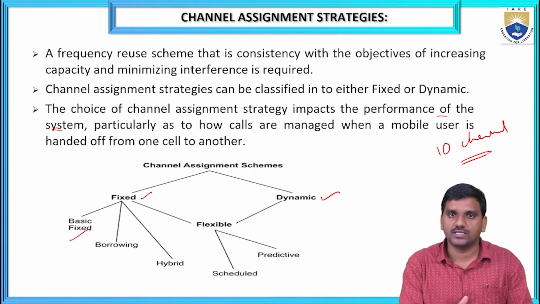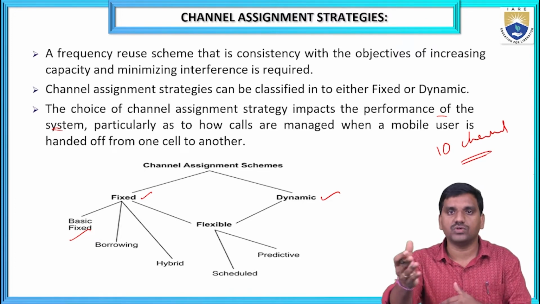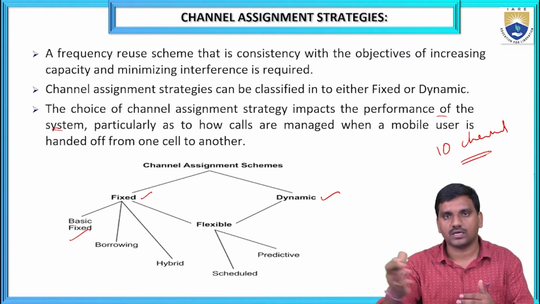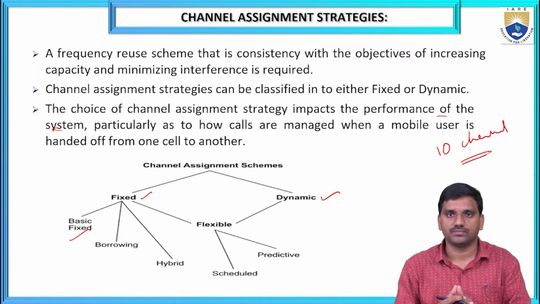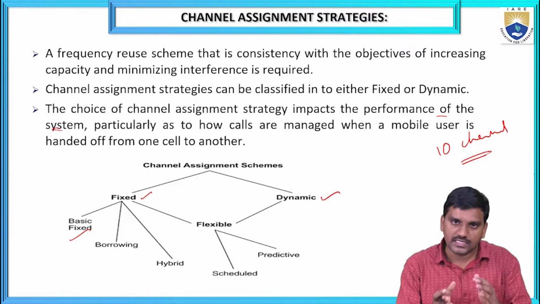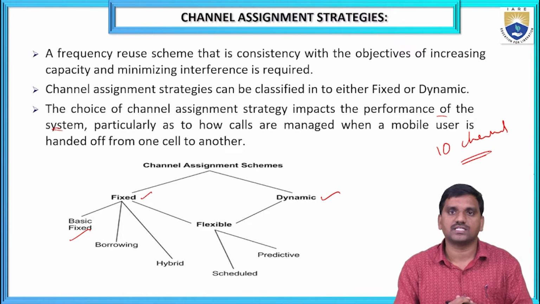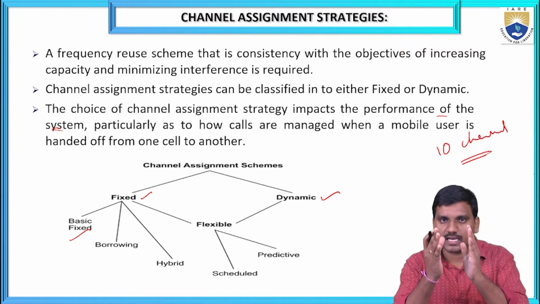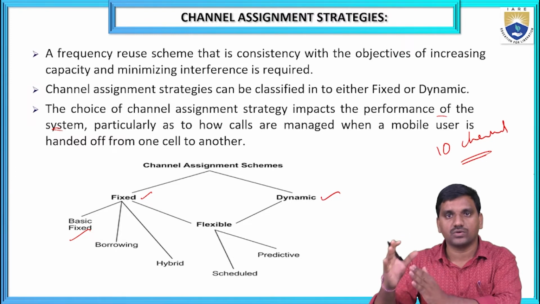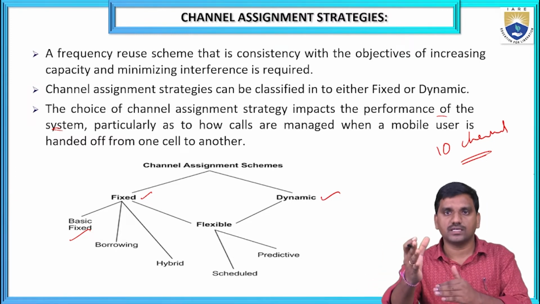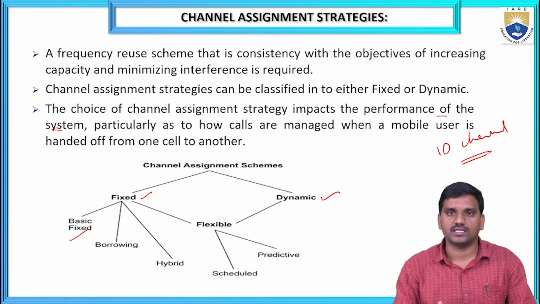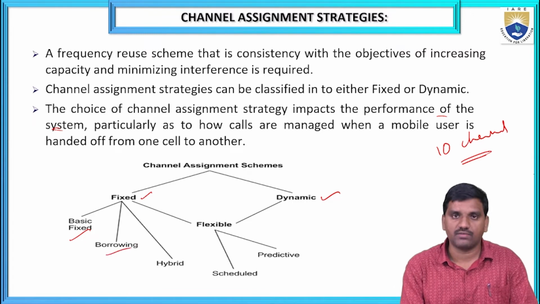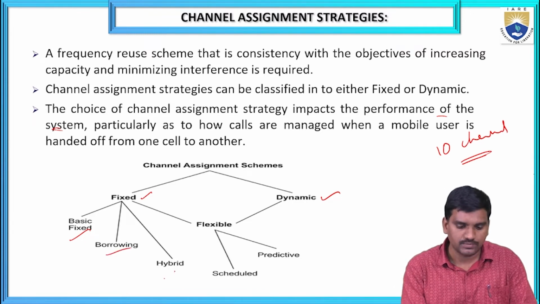Okay, so it is fixed. Beyond that, it can borrow from another neighboring cell. This is one of the disadvantages of fixed channel assignment strategies. First you fix some N number of channels for a particular user; above that, it can borrow from another cell. So it has a borrowing method, and hybrid.